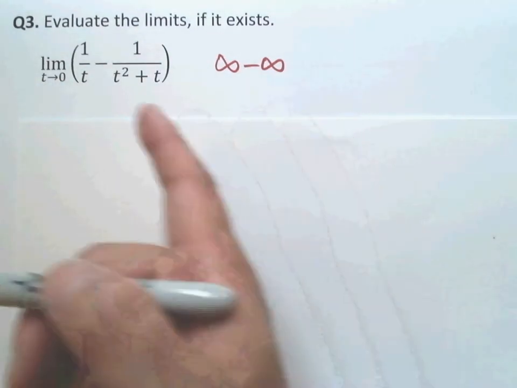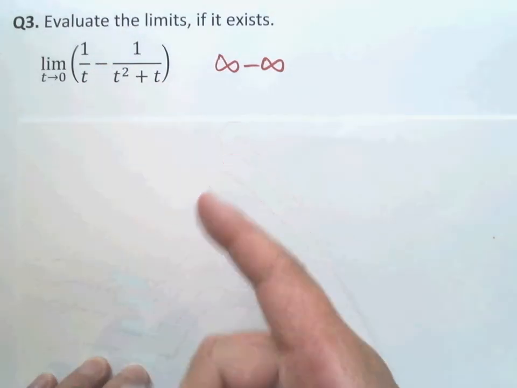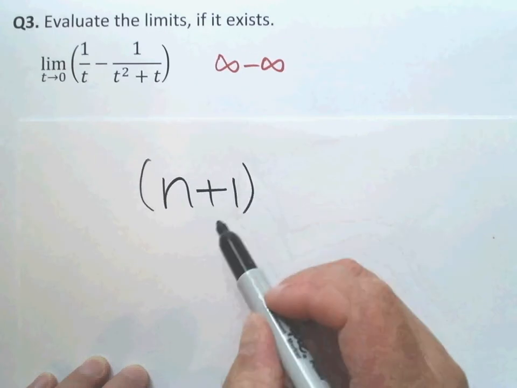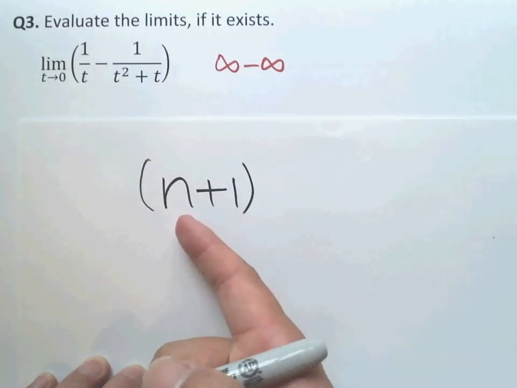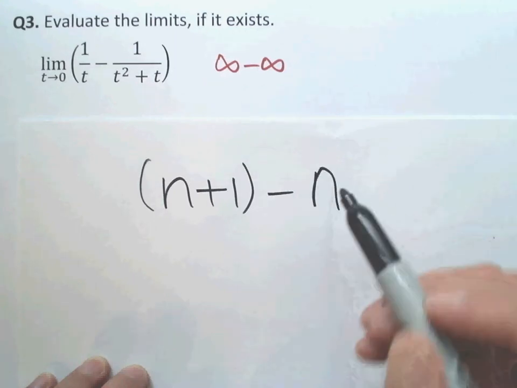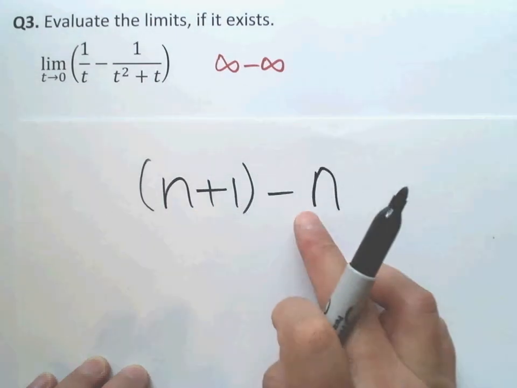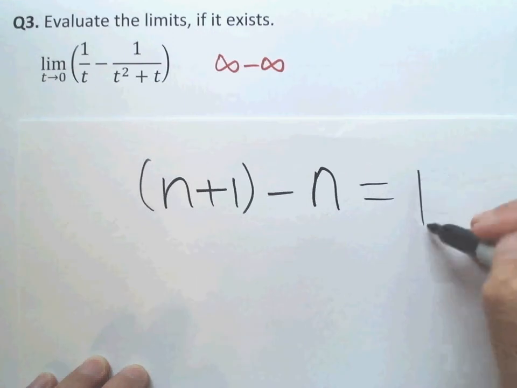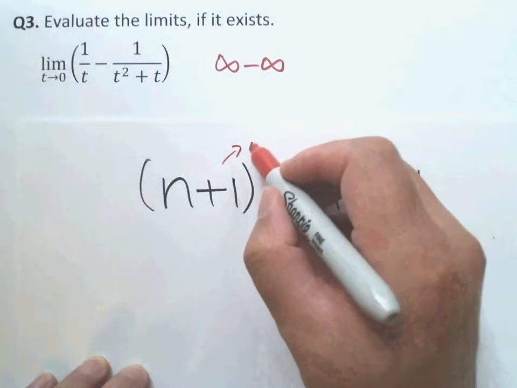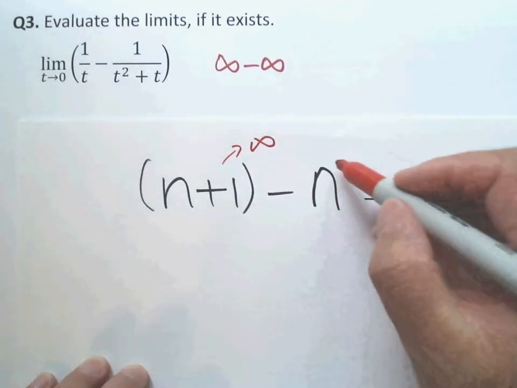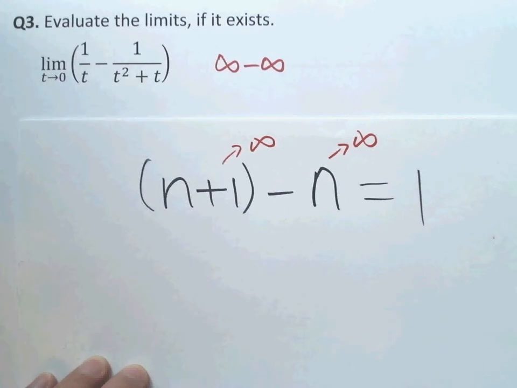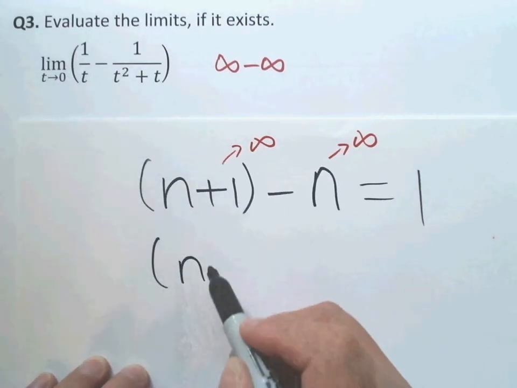I'll give an example. This is indeterminate, and this type of form could equal any number. For example, if this is n plus 1 minus n, and n goes to infinity, how do you think? Infinity minus infinity, do you know what the result is? It's 1. The first goes to infinity and n also goes to infinity, but doing the subtraction, we get 1.